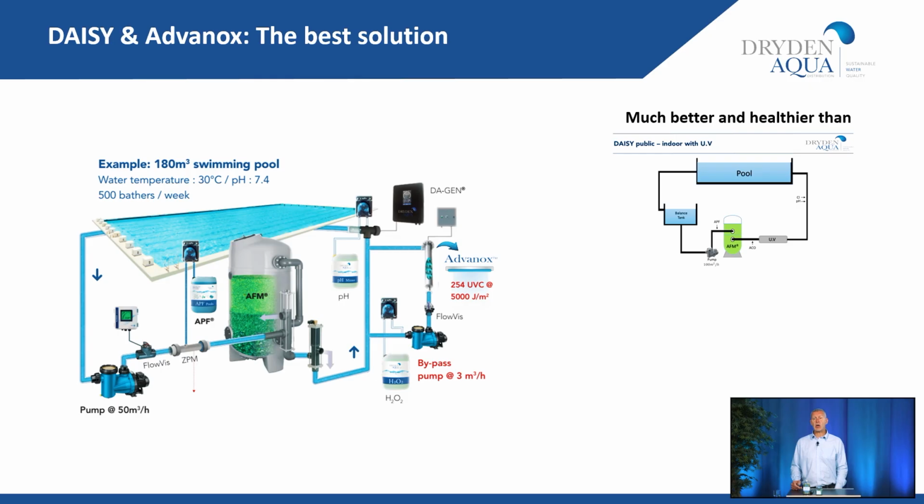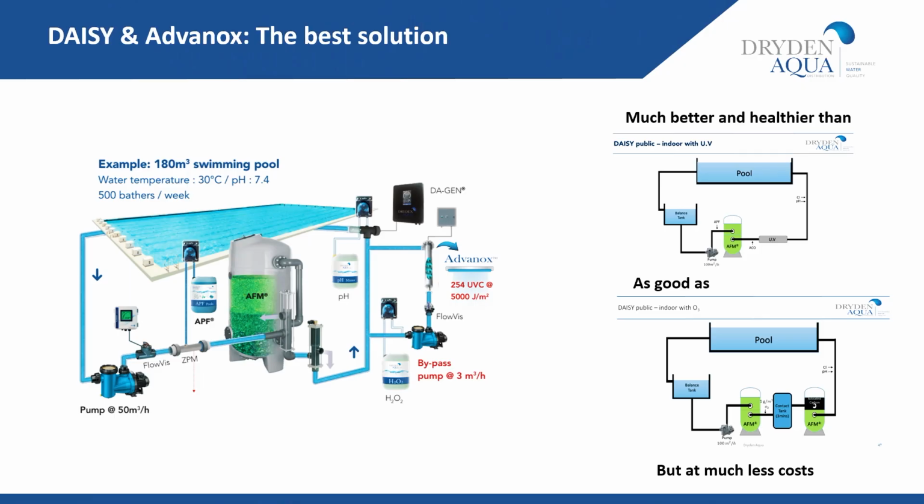It's much better and healthier than a public pool with medium pressure UV, because we're not producing those toxic chloroforms by partial oxidation. And it's as good as a public pool with ozone. Ozone was always seen as the best solution, produced the best water quality, but these systems, again, are very, very expensive, energy hungry, and very, very complex to maintain.